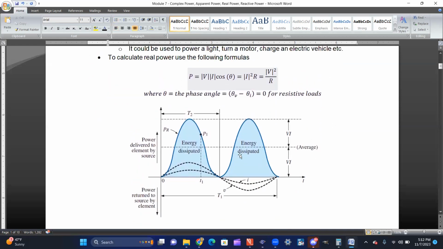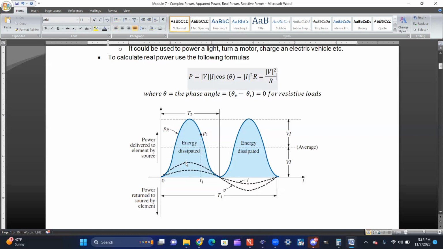All right, so whenever you look at the graph of real power, let's take this graph for example. This dashed line right here represents your voltage. The dashed line below it represents your current. As you can see, the current is in phase with the voltage.